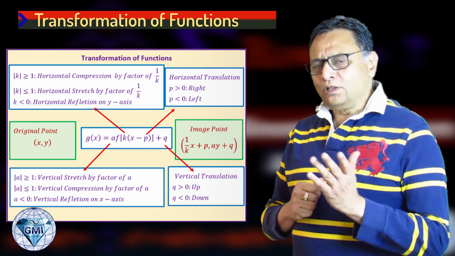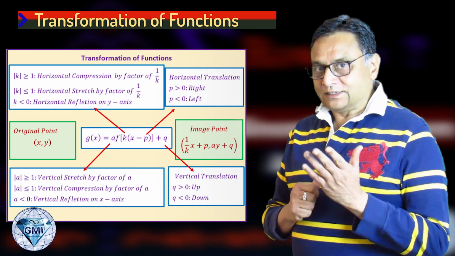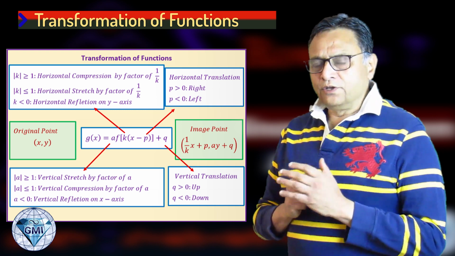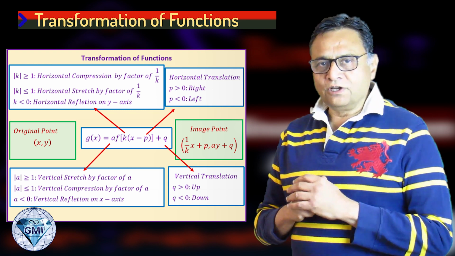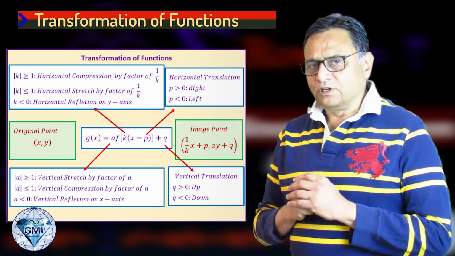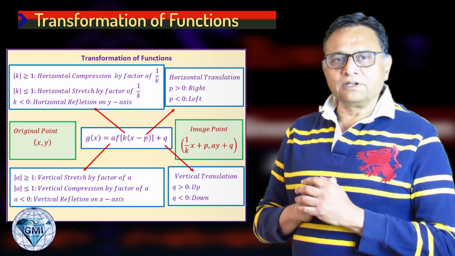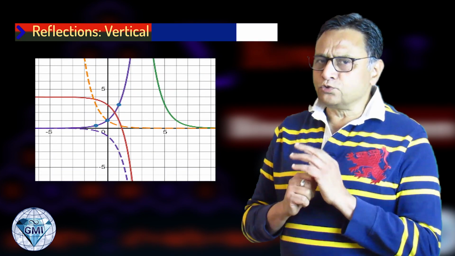You're very familiar with transformation of functions, right? You can do all the reflections on the x-axis or y-axis. You know how we perform vertical stretches and compressions, horizontal stretches and compressions, and also horizontal and vertical translations. But many times we have a very simple question in the test paper: what is the equation of a function when it is reflected on a line x equals a or y equals b?